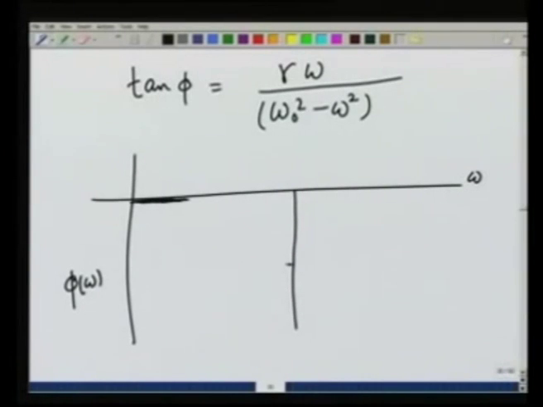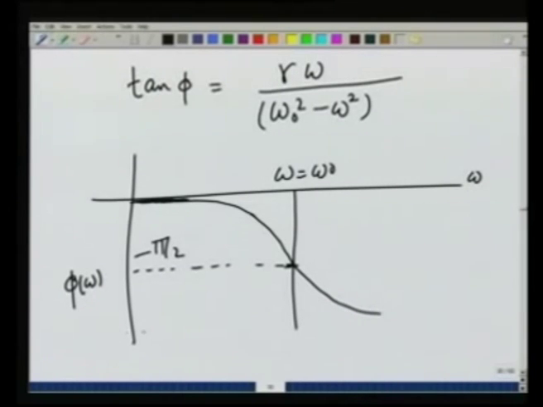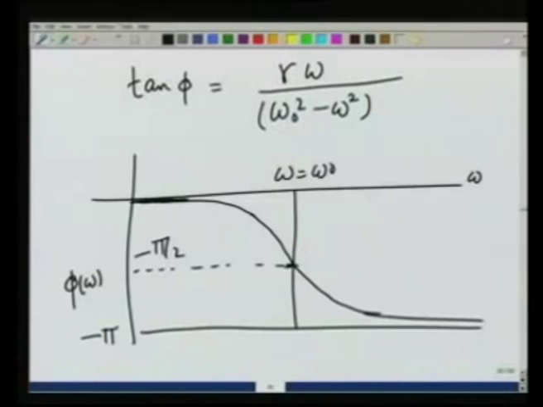Then at omega equal to omega 0, the system lags behind by minus pi by 2. At omega equal to omega 0, this denominator becomes 0, so tangent phi is infinity, and when the frequency becomes large, this is minus pi. The force and the displacement are out of phase by pi. So, when the force is maximum, the displacement is minimum.